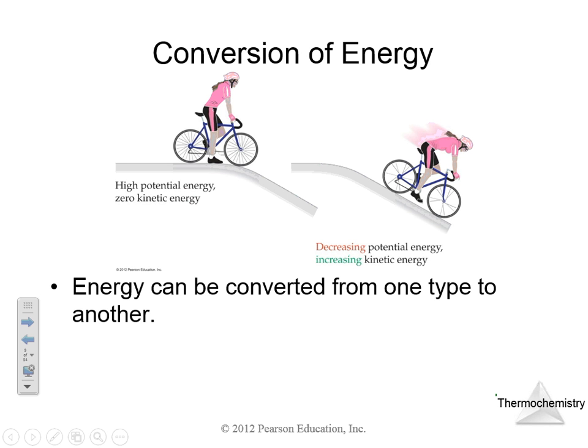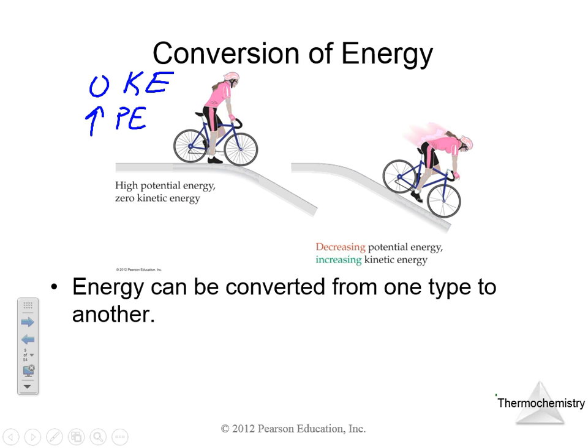Now if you look at the picture here, we have a very simple conversion of energy. The bicyclist is on top of a hill. That means they are standing still at the top of the hill. That means at the top of the hill they have zero kinetic energy and tons of potential energy. What's going to happen the second they go down the hill?